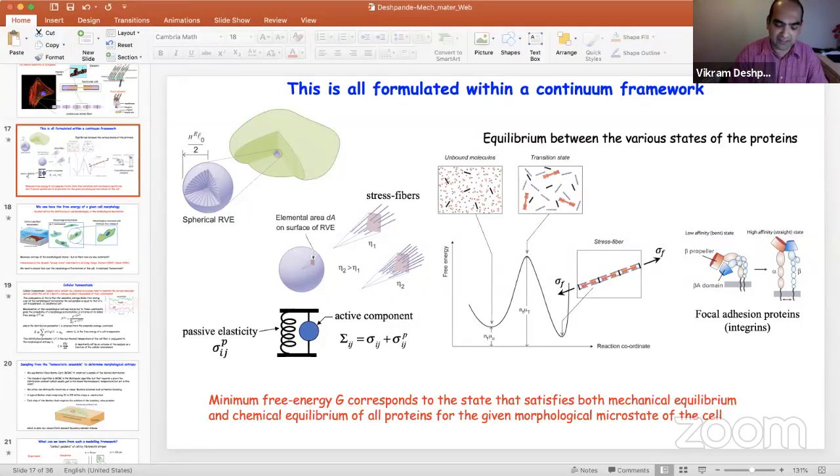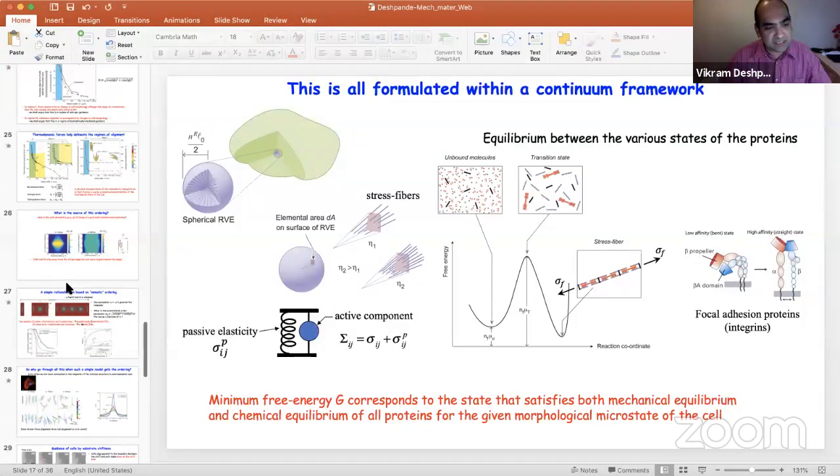In the bulk of the presentation, I did what I called a statistical model. So we basically found out the distribution of shapes or morphologies that maximize entropy. And I'm not telling you anything about time in that formulation at all. I've just told you what is the distribution of states that the cell will assume.